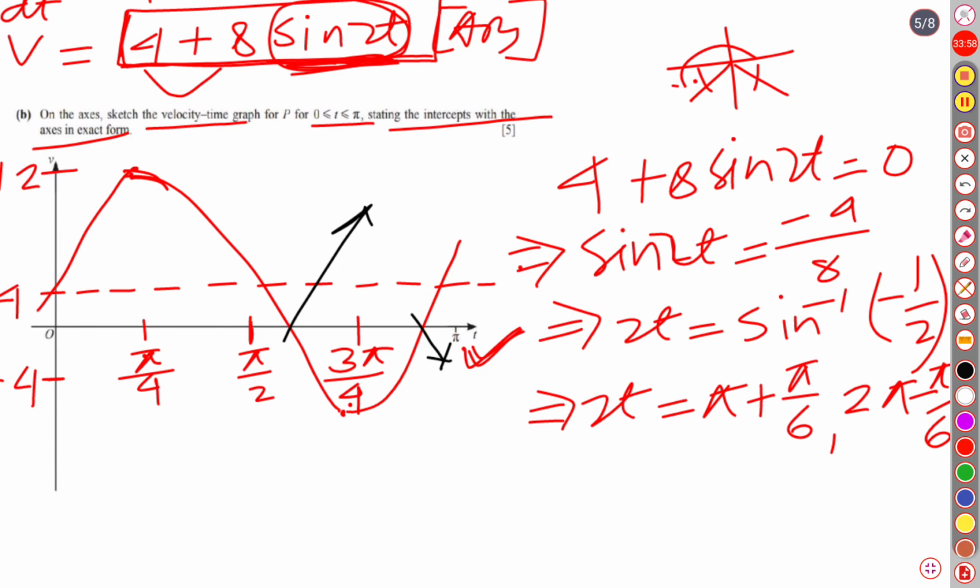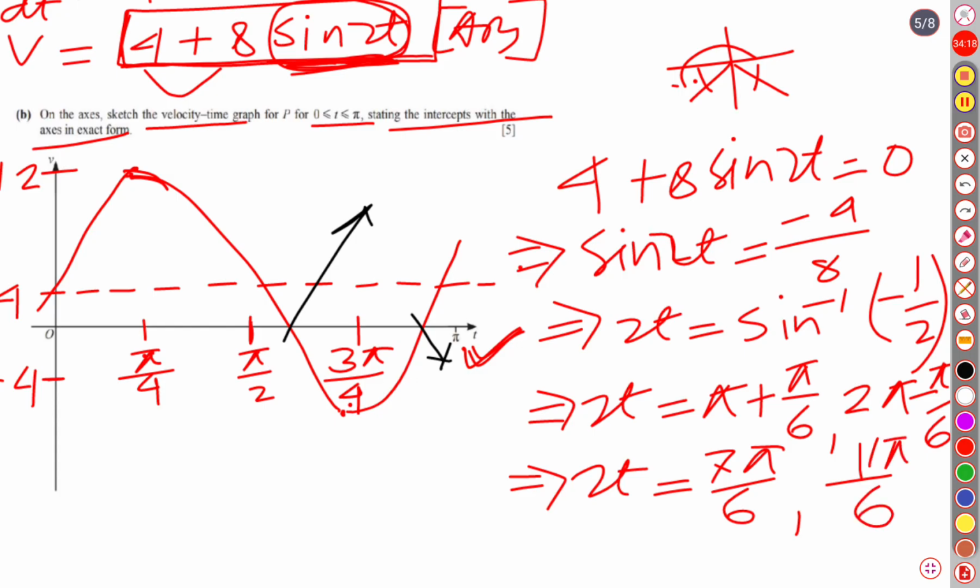What is it going to be? It is 7 pi over 6 and 11 pi over 6. If 2 is transposed to the other side, our t is going to be 7 pi over 12 and 11 pi over 12.